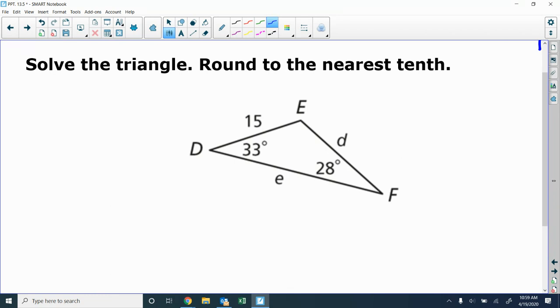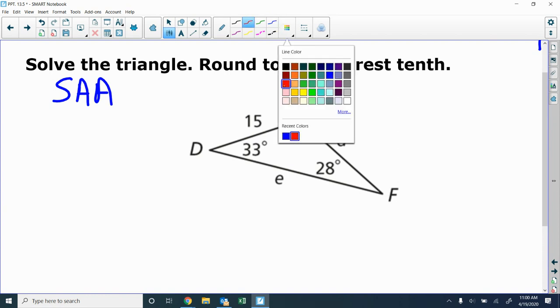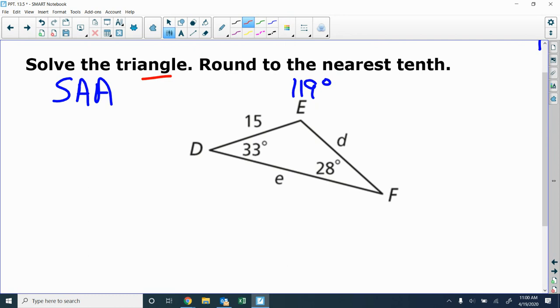So grab your calculators: 180 minus 33 minus 28, and we get angle E at 119 degrees. We have one side and two angles, which is probably the easiest. We get that third angle by the sum of the interior, and now we're ready to use our law of sines to see if we can get some other stuff.